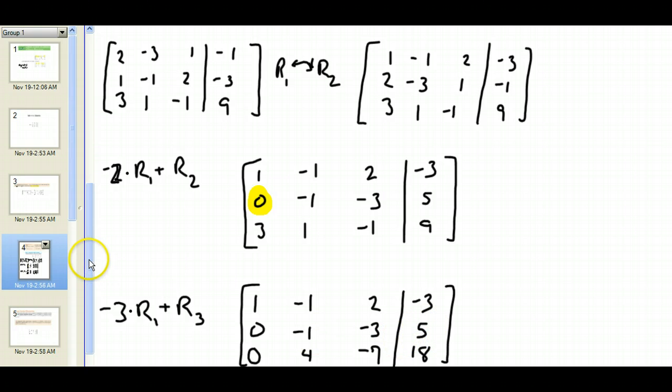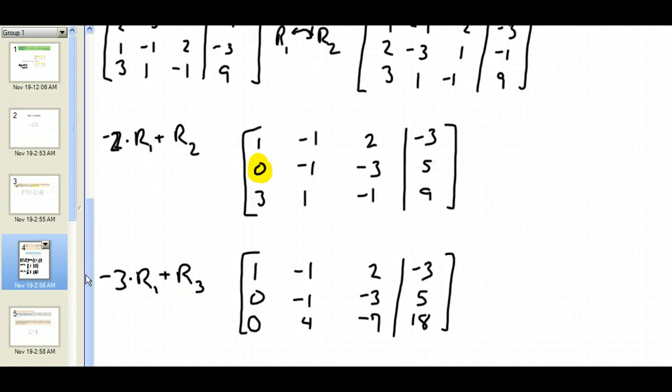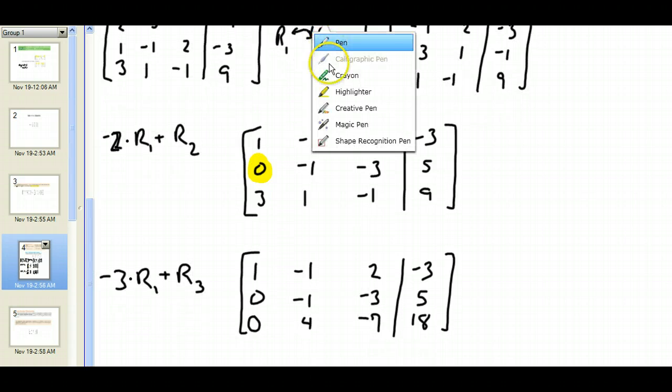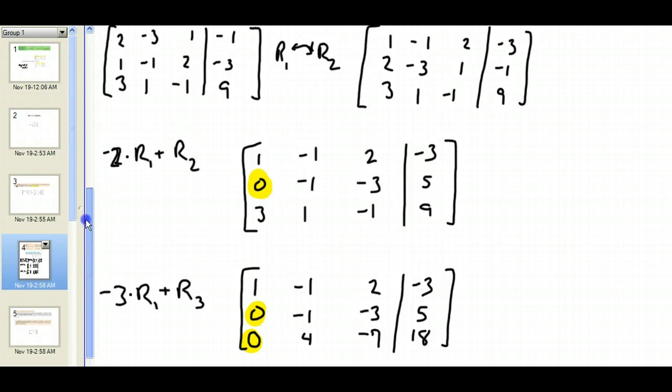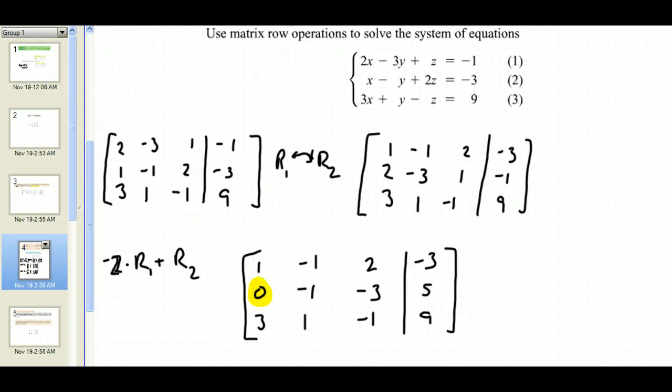Now always do it in this order, okay? Meaning we always want that 1 here. I guess I should have put a highlighter on it first. We always want a 1 here and then zeros underneath it.